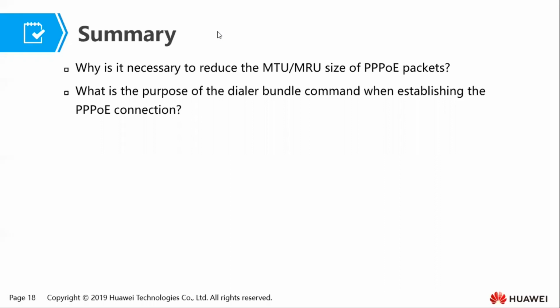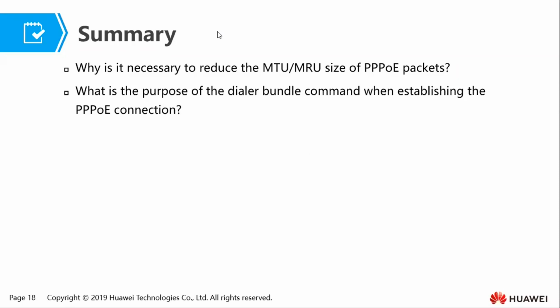It's necessary to reduce the MTU/MRU size of PPPoE packet. I think it is so that the size of the packet does not exceed the maximum payload size, which is set at 1490.